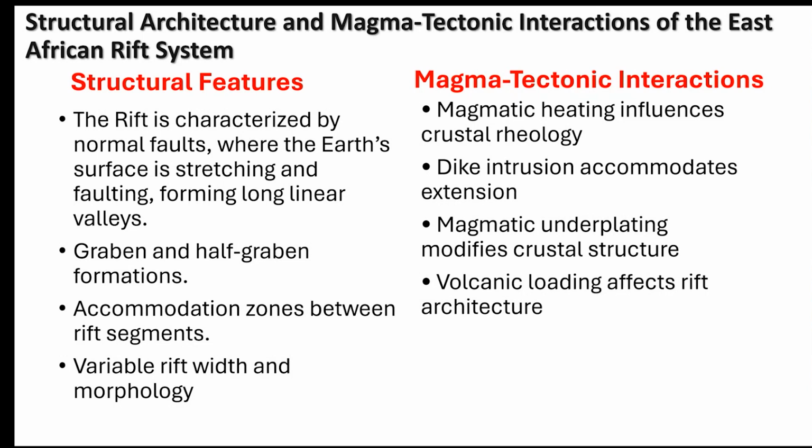That is the way it reacts to stress and strain, which could cause faults. This is a result of the magmatic heating as the asthenosphere is making its way to the surface. It's also important to know that magmatic underplating modifies the crustal structure.